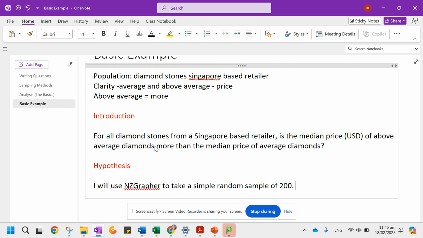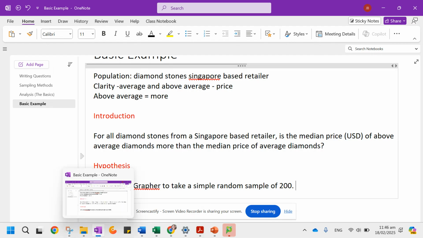If you talk more about your sampling method and justifying your sample method or your sample size, that is what we call statistical insight, which is what we're looking at for higher grades. But for Achieved, just saying I'm going to take a simple random sample of 200 is enough. Just saying a simple random sample, not enough. Just saying a sample of 200, not enough. You have to say the sampling method and the sampling size.